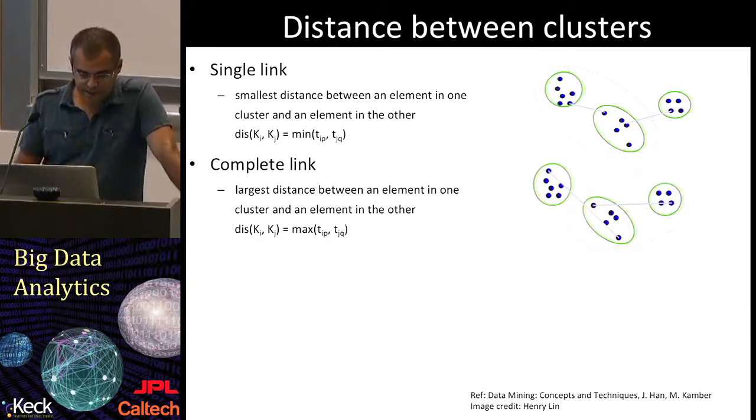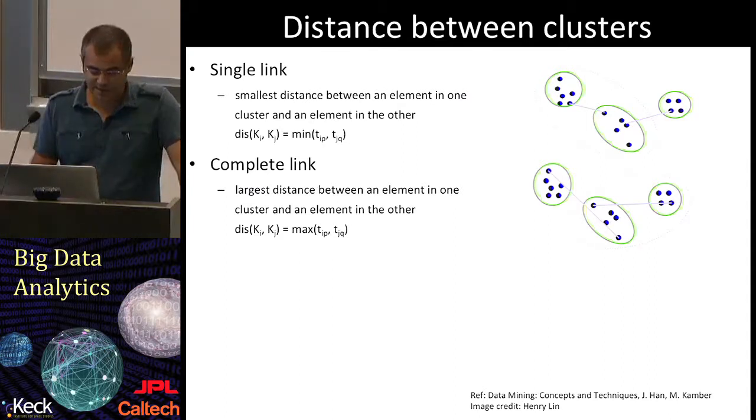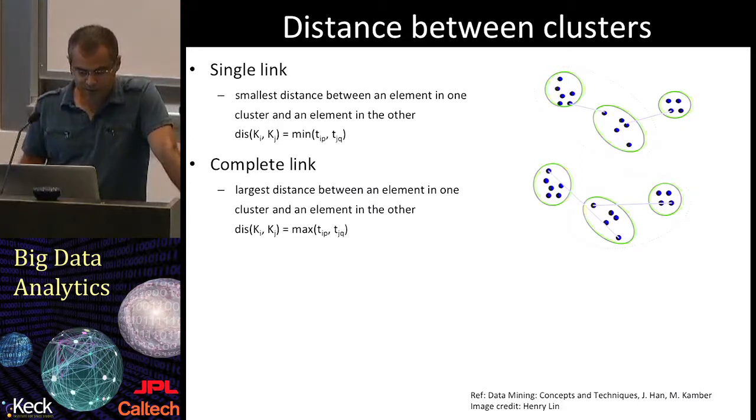So we don't really pay attention to the shape of the cluster when we use this distance. Now, complete link clustering takes into account the largest distance between an element in one cluster and an element in the other. Basically, we measure the similarity of two clusters as the similarity of their most dissimilar members. Now, this criterion is not local because the entire structure of the clustering can influence the decisions.